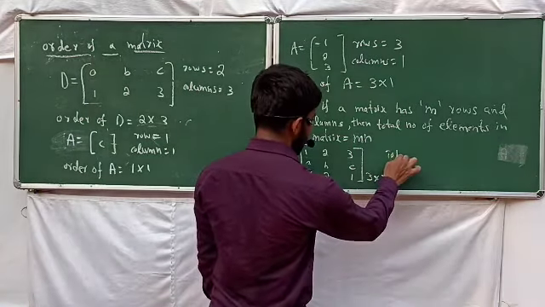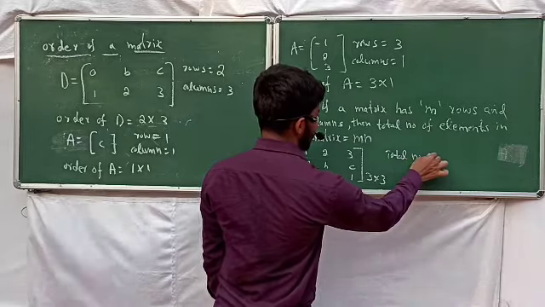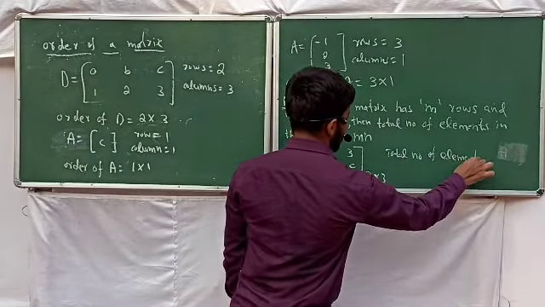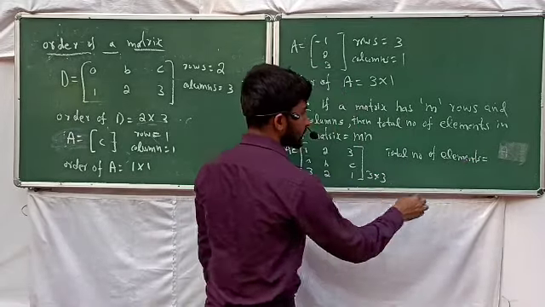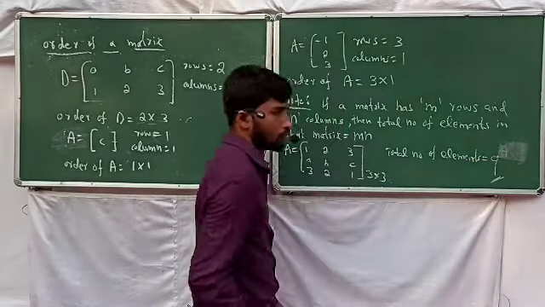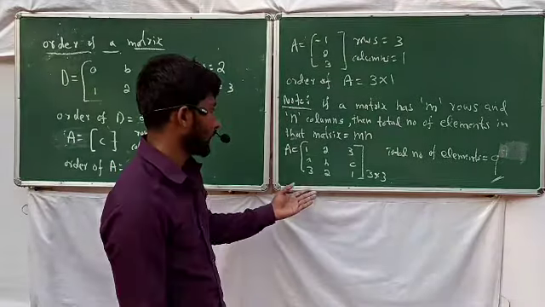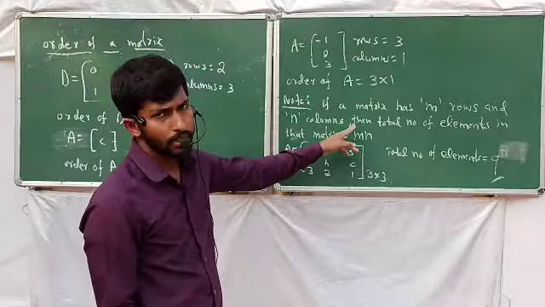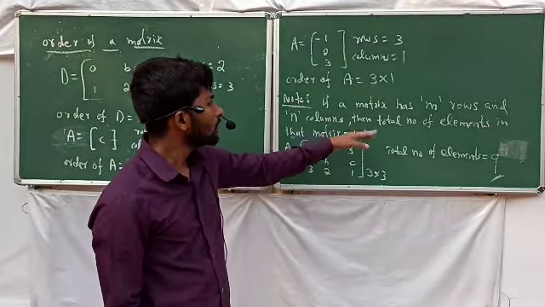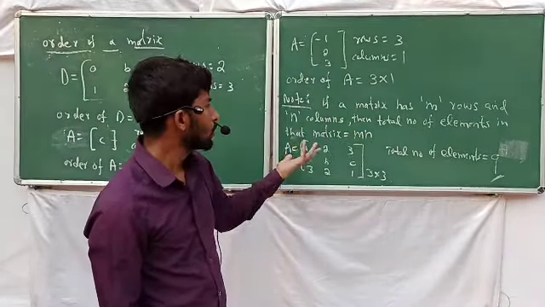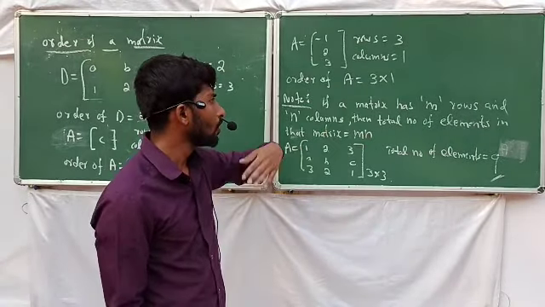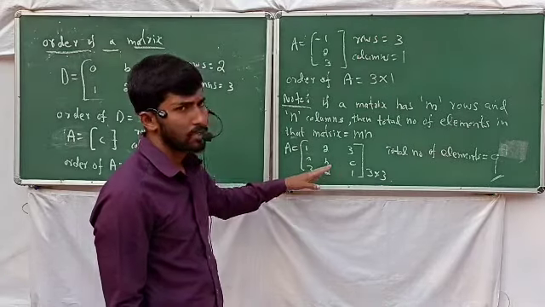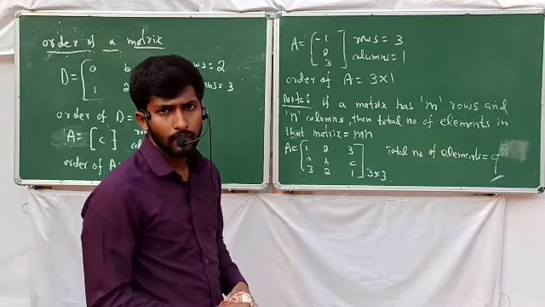Total number of elements is equal to 3 3s are 9. Total number of elements is equal to 9. You can count 3, 6, 9. Therefore it's a very important note. The order of any matrix is m into n, and the total number of elements is equal to mn. If a matrix has m rows and n columns, then the total number of elements in that matrix is equal to m into n.